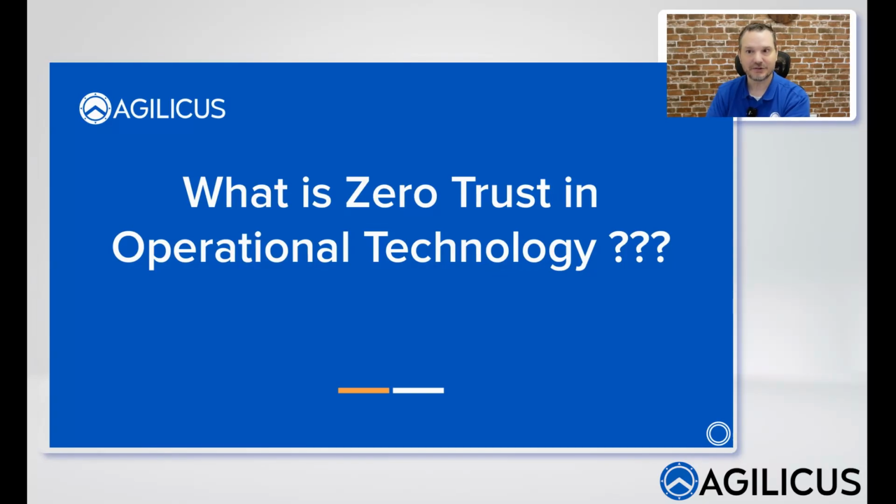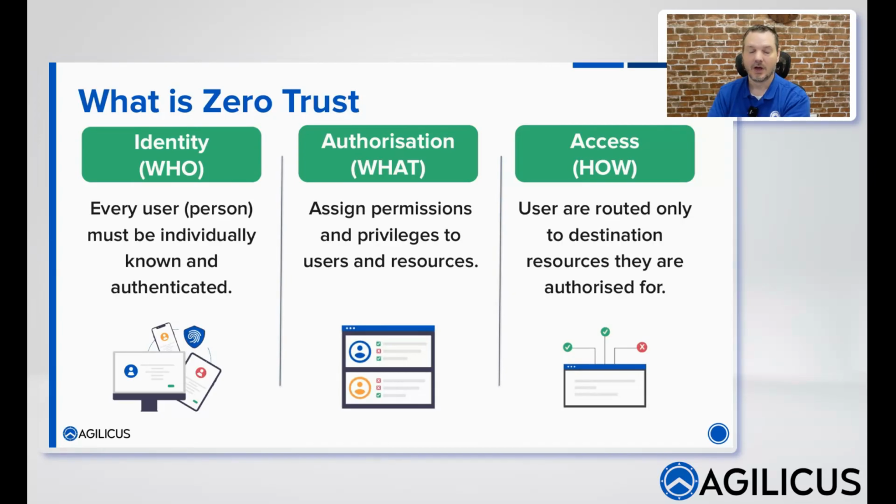So, what is Zero Trust in operational technology, OT, and how do we use it? Ultimately, from the approach of Zero Trust network access, there are always three things we want to do when we apply it to legacy tooling. First, we need to understand who the identity is, the person using the resources. We're going to move away from handing out usernames and passwords, creating accounts, and we just want to get that person to authenticate and verify who they are through the means that they use today.